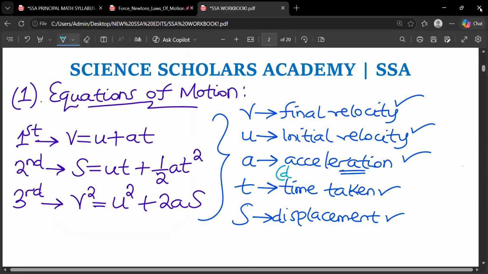Can you tell me another word for deceleration? Retardation.